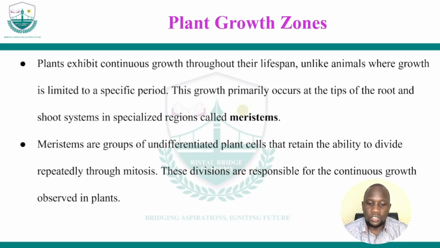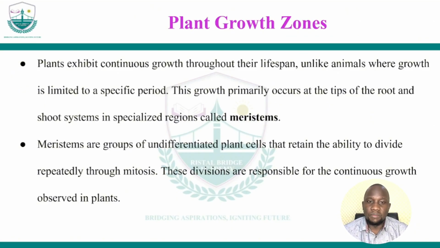Okay, so that is why we are saying that growth in animals is limited to specific periods. So growth in plants happens at specific parts, and these parts are the tips of the roots and the tips of the shoots. Okay, that's where we find cells that divide mitotically and contribute to growth.